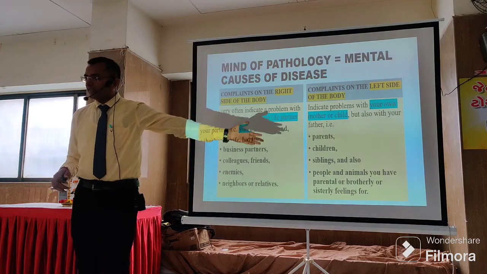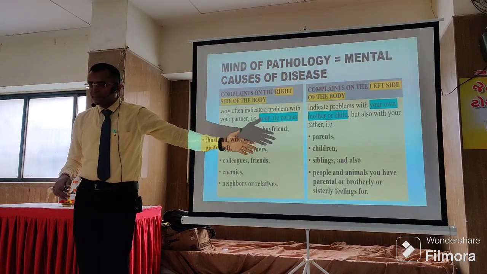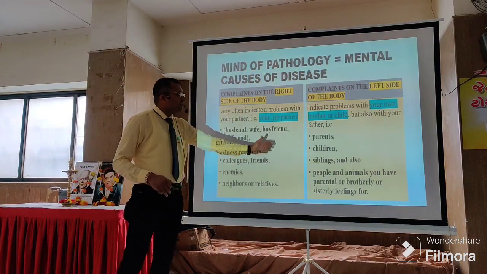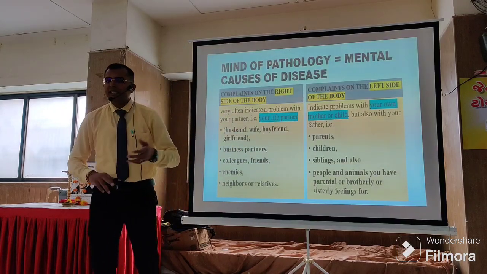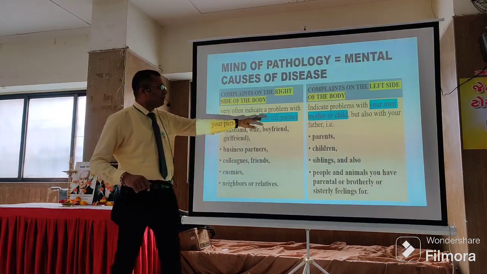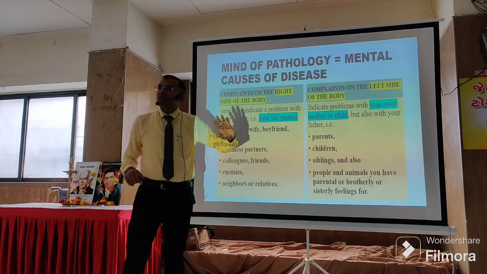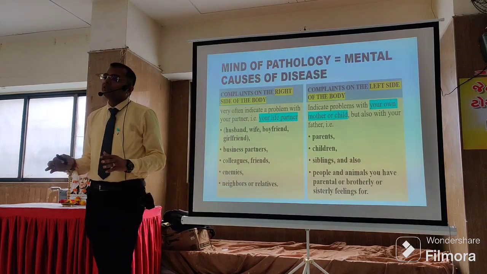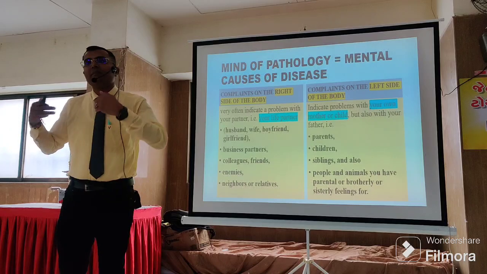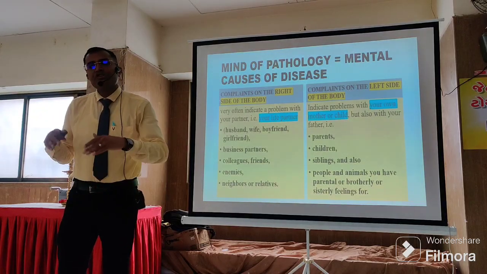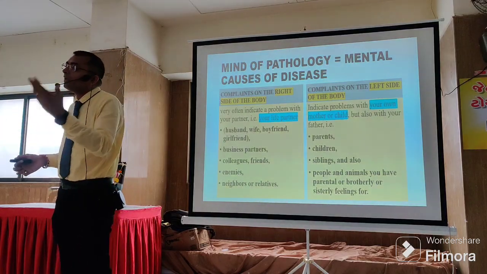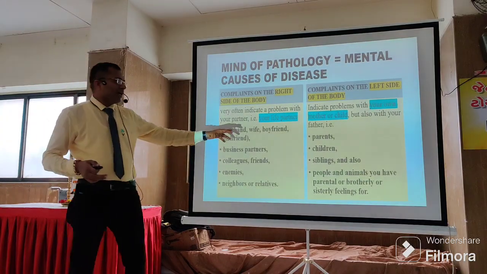So epigenetic factors. Okay? And if the left side of the body is affected, it indicates there is a problem with your mother and child. Sometimes the father. Why father? Because the person feels that the father is my child, because she is taking care of the father as her child. So that's why father is also there.